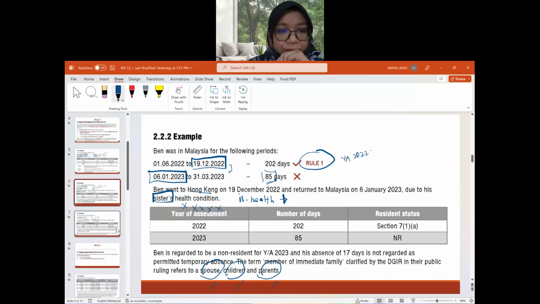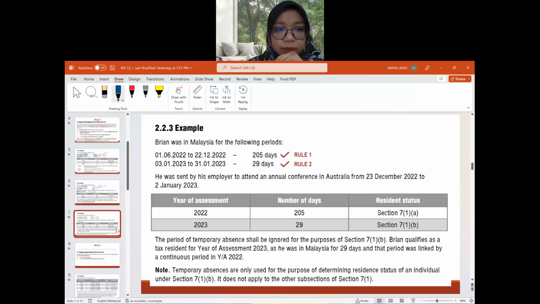Okay, so for this one, example number 3, for rule number 2, Brian was in Malaysia for YA22 for 205 days. So this one is more than 182, so obviously rule number 1. Okay, but for 2023, it's 29 days. But he was sent by his employer to attend an annual conference in Australia from 23 December 2022 until 2nd January.